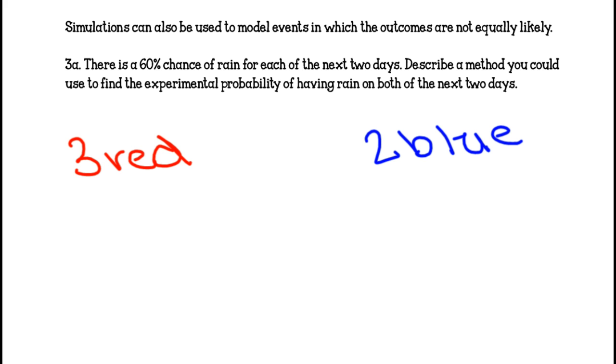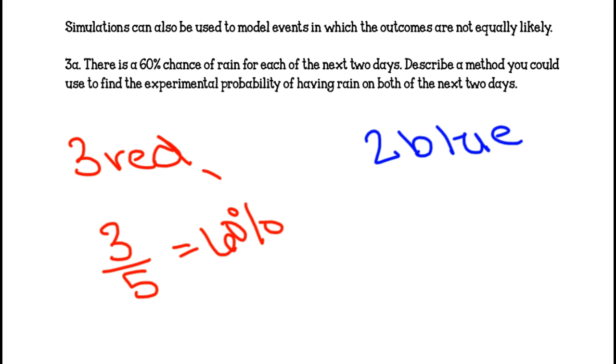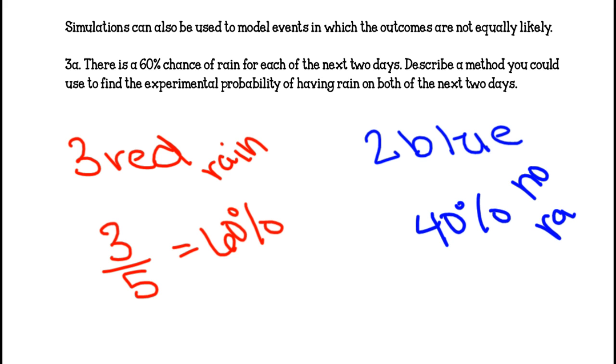Red, which is 3/5 of the marbles, is equal to 60%, so that would equal rain. And the blue would equal 40%, no rain. Every time you draw, it would represent if it had rained or if it did not rain.